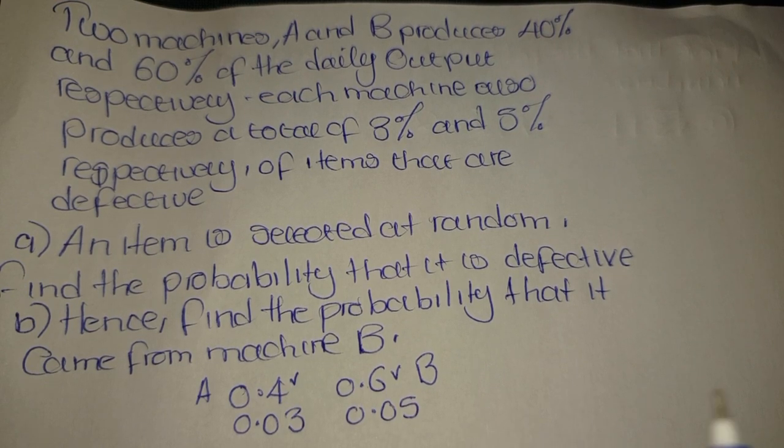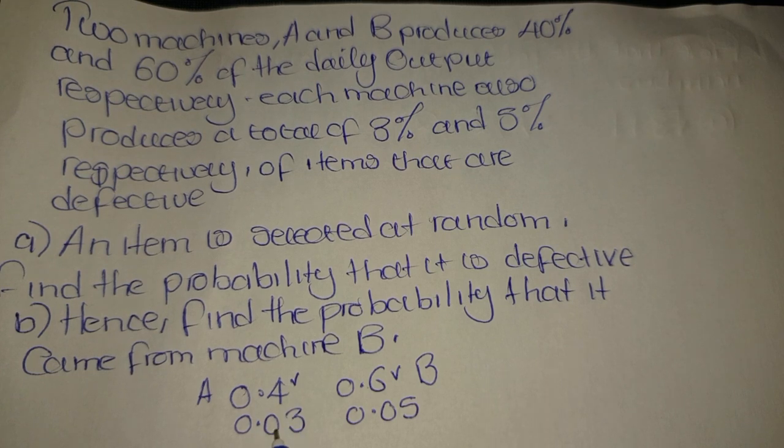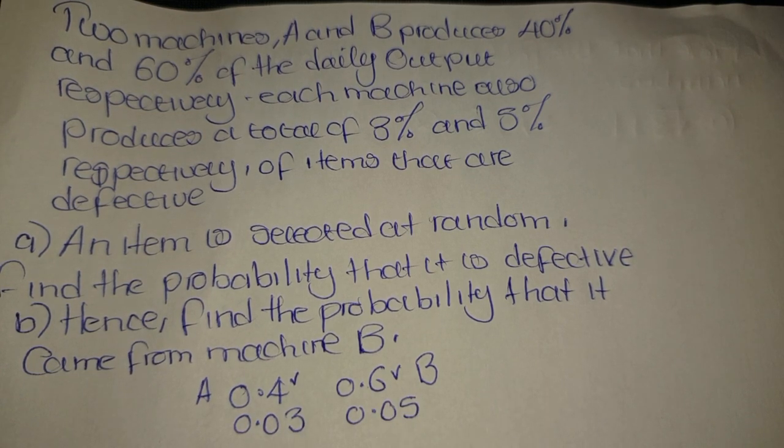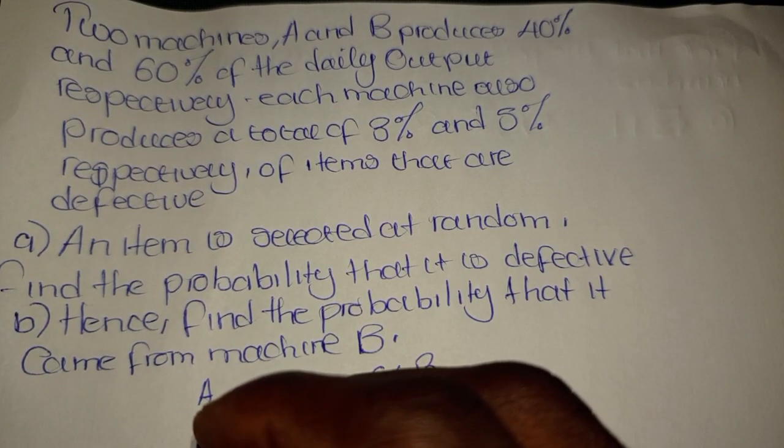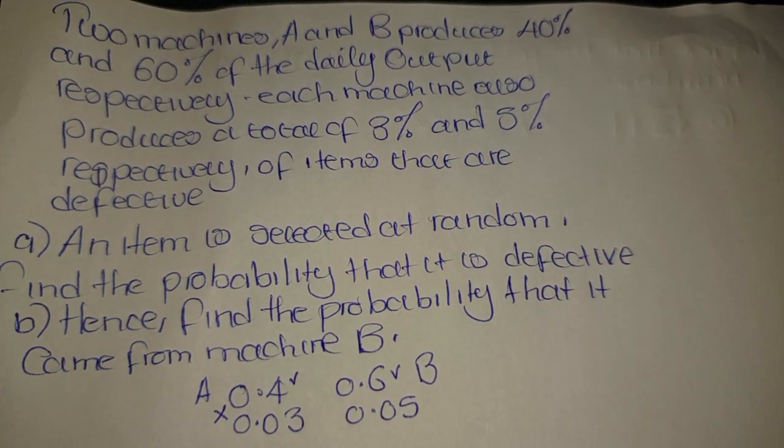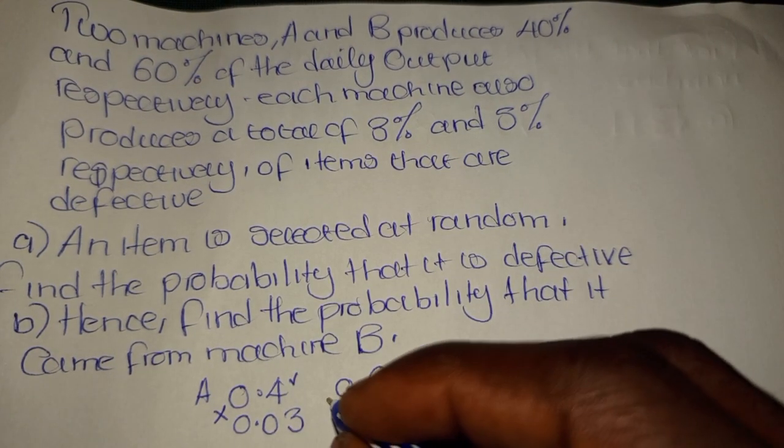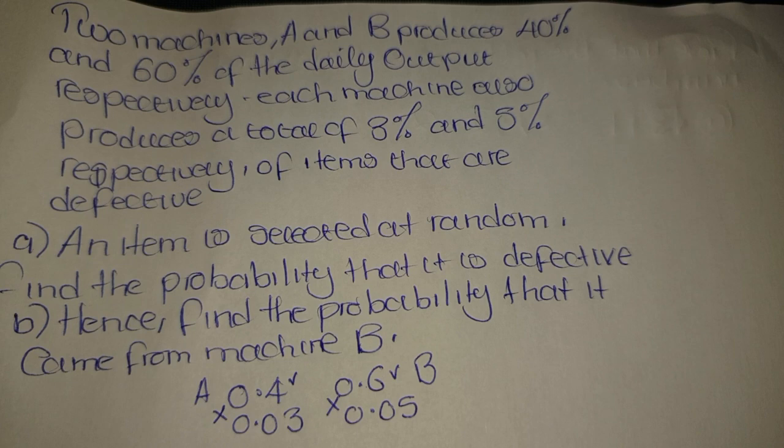So for you now to find the probability that a machine which produced the defective items comes from A is where you multiply this times that, this times this, and add them to find the probability that the items selected were defective. So 0.4 times 0.03 and 0.6 times 0.05.